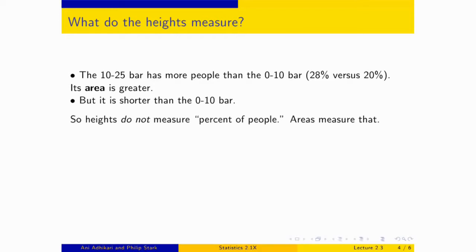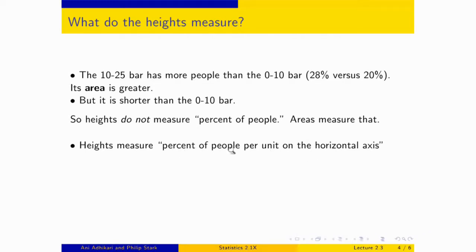Heights are not measuring the percent of people. Areas are doing that. Heights are measuring the percent of people per unit on the horizontal axis. In other words, how many people per unit of space. And what is that? People per unit of space. That's crowdedness.